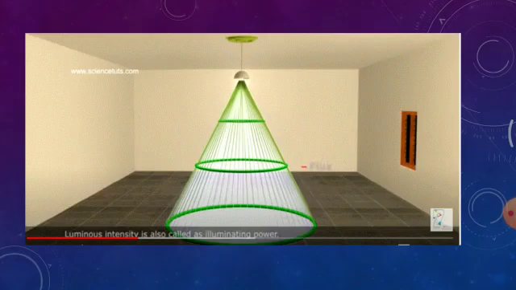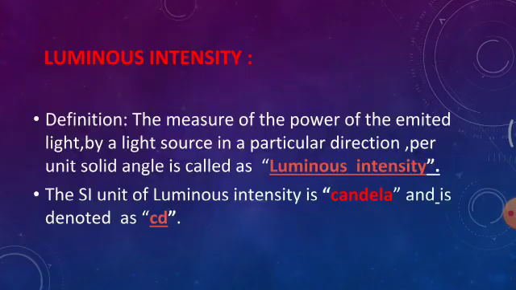Luminous intensity is denoted by the letter I. Luminous intensity of a given source is always constant. The measure of the power of the emitted light by a light source in a particular direction per unit solid angle is called luminous intensity.